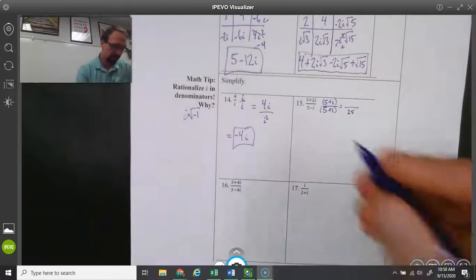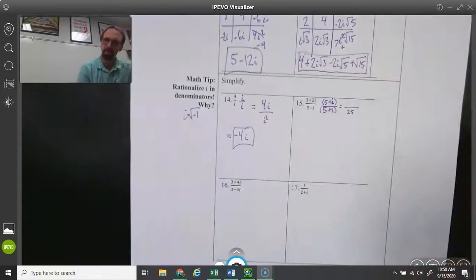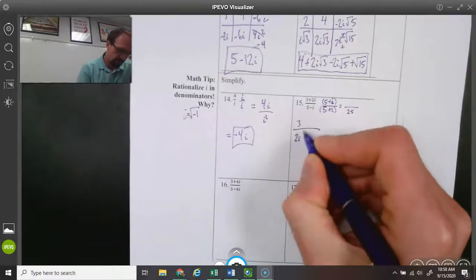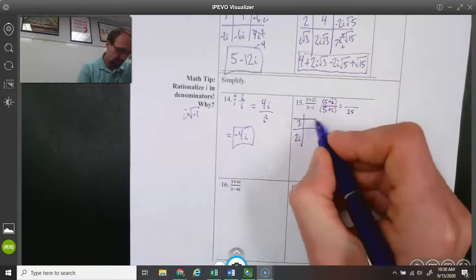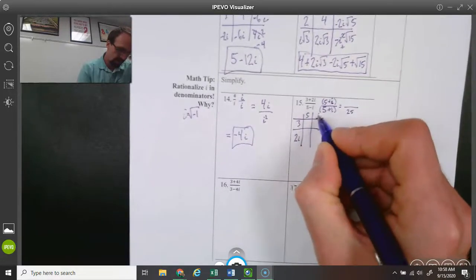And then for my numerator, this is a little bit more laborious, showing some work. So I'm going to do 3 and then 2i, and then I'm multiplying it by 5 and then i here.